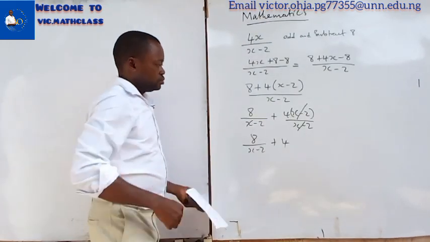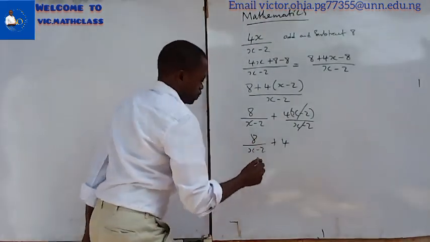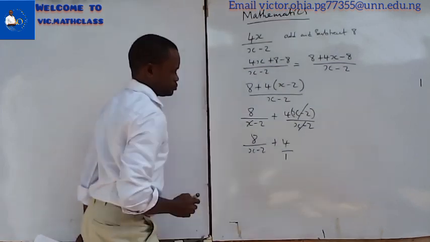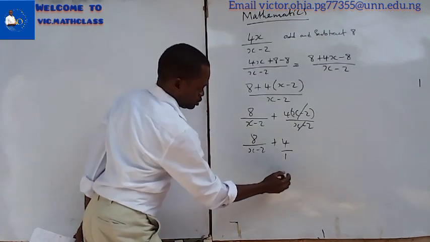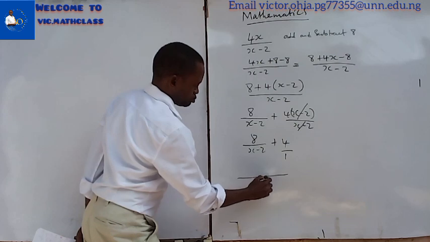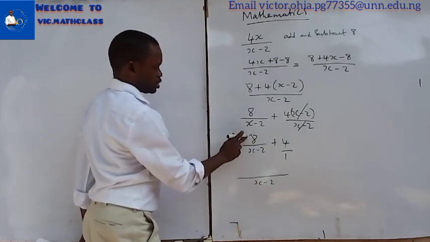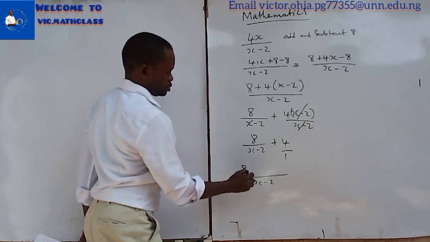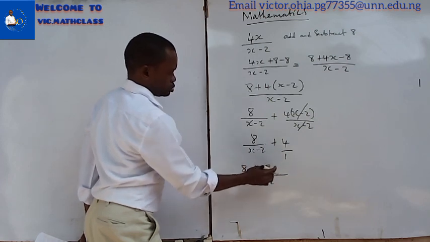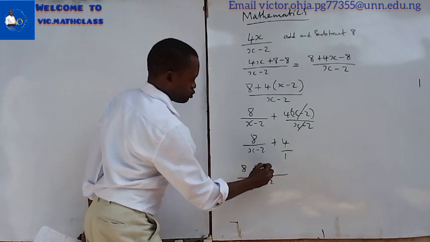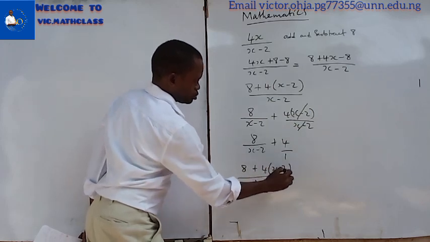Do we get that? You realize that from here, if I say this over 1, the LCM will be x minus 2. x minus 2 divided by x minus 2 is 1. 1 times 8 is 8. Then plus x minus 2 divided by x minus 2 is 1, times 4, you have 4 in bracket x minus 2.